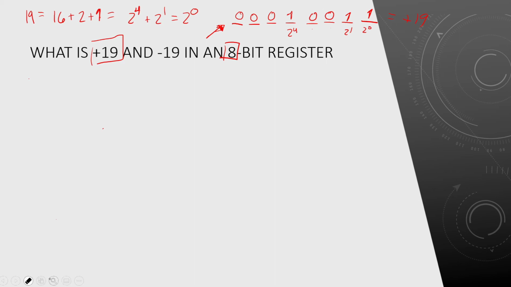Okay, so I'm just going to line it up for you guys so you can make sure to see it. So positive 19 equals 0, 0, 0, 1, 0, 0, 1, and 1.